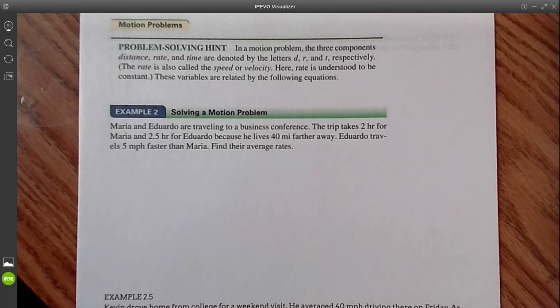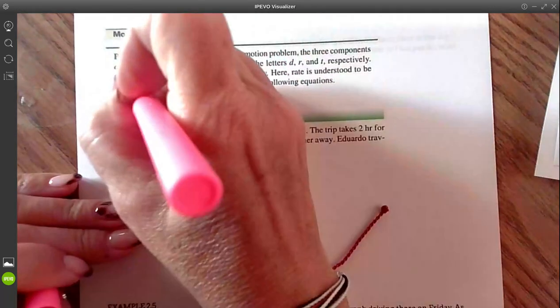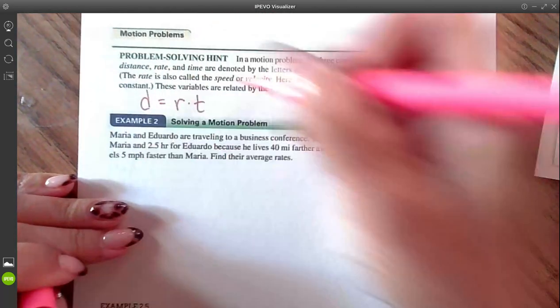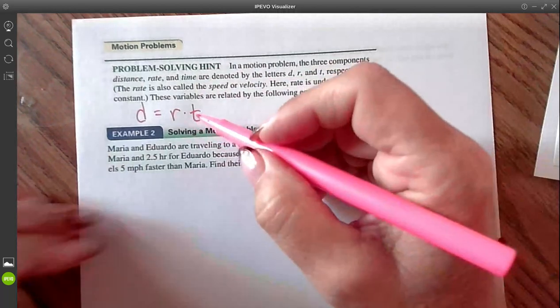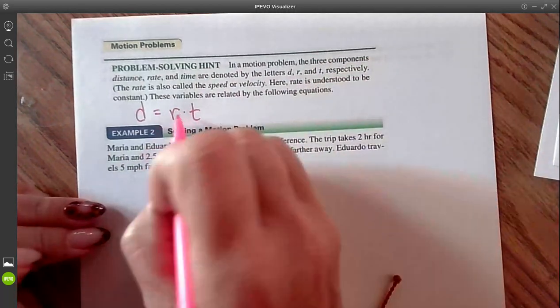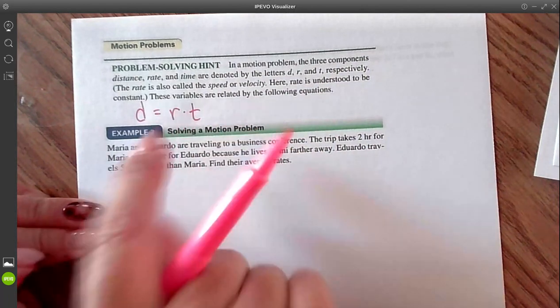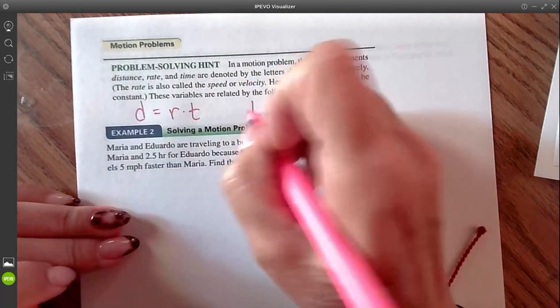So then we have three potential equations that we can use with these motion problems. The first one is distance is equal to rate times time. I call that the dirt formula because it just looks like it says dirt. And then if I were to divide both sides by r, then t would be by itself, and I would have t equals d divided by r.